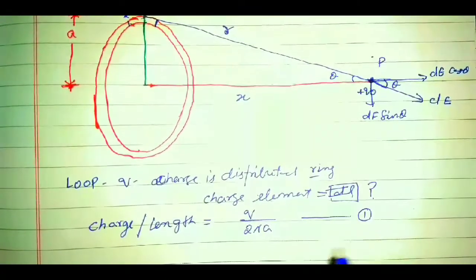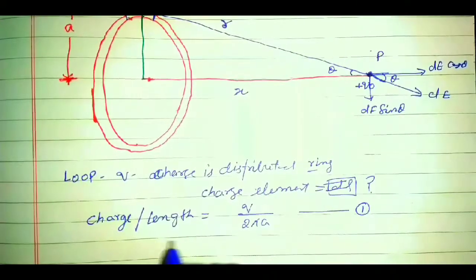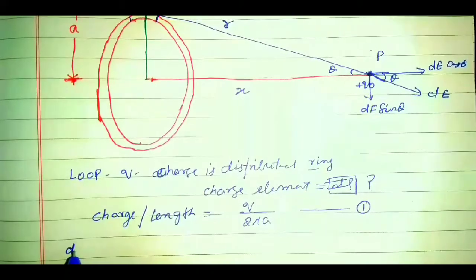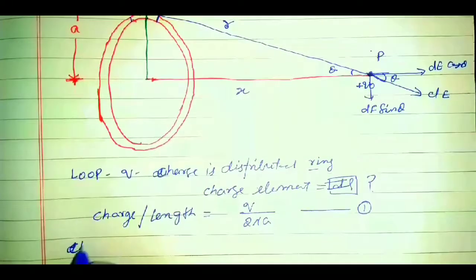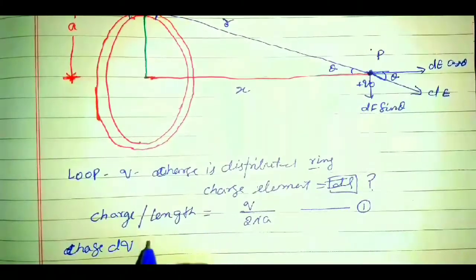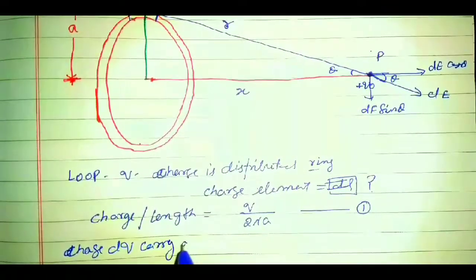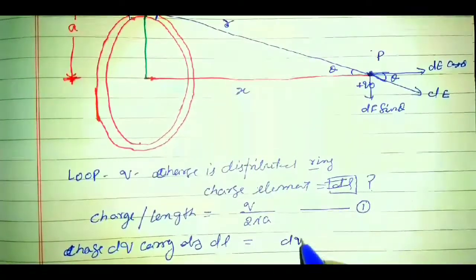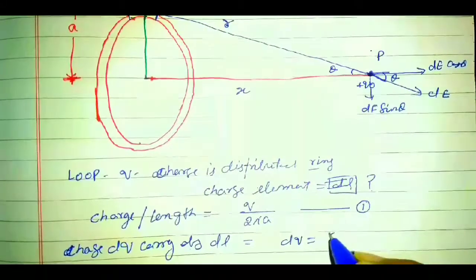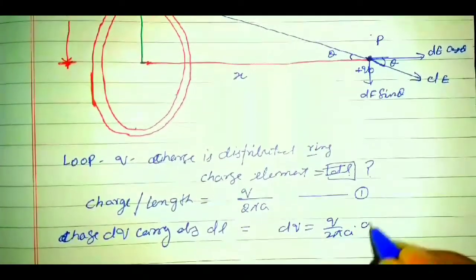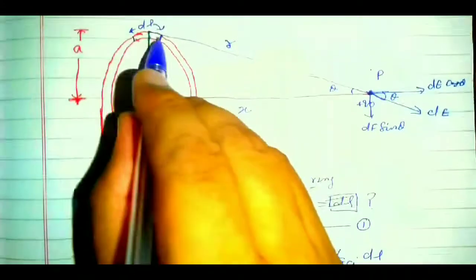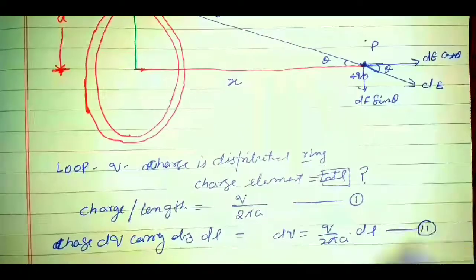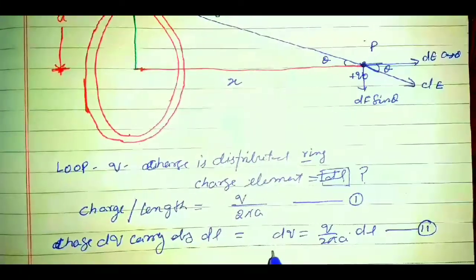Then the charge element: the charge dq carried by dl is equal to charge per unit length into the length of the small charge element dl, and we represent it by equation number 2.